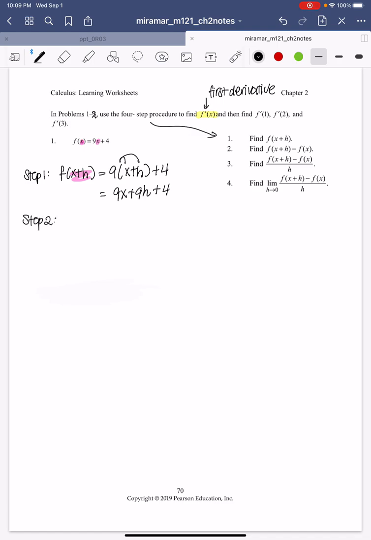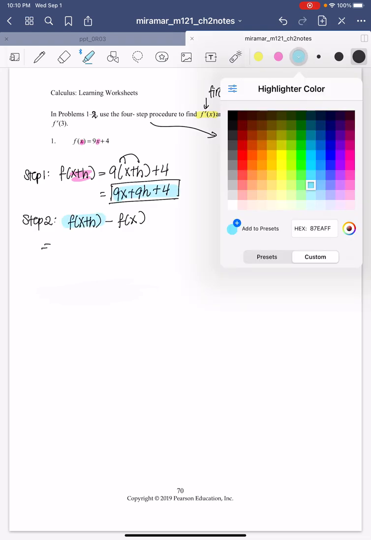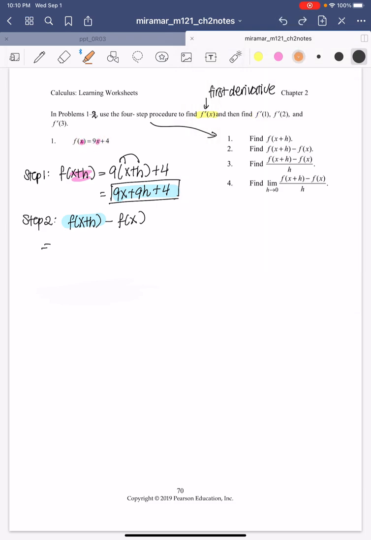Step 2 says I need to find f of x plus h, take away f of x. Well, f of x plus h, I found in step 1, so I'm going to substitute this whole thing here. And f of x, I have over here as 9x plus 4. So I'm going to subtract those two functions. f of x plus h is 9x plus 9h plus 4, subtract f of x, which is 9x plus 4.